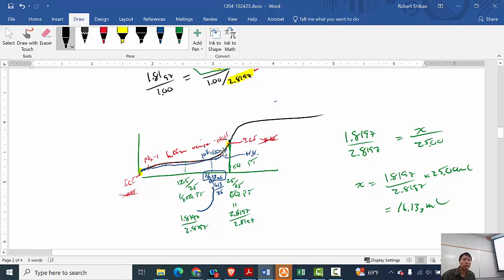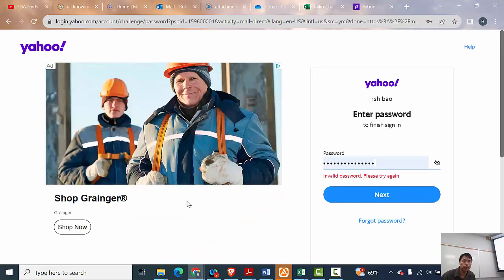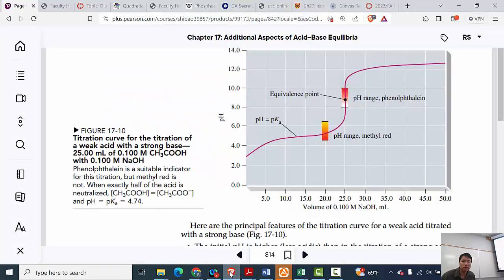8.72 equivalence point means that phenolphthalein is an excellent indicator. If you look, it's right below, right about 9. And the equivalence point is about 8.72, which is pretty optimum for this particular indicator.